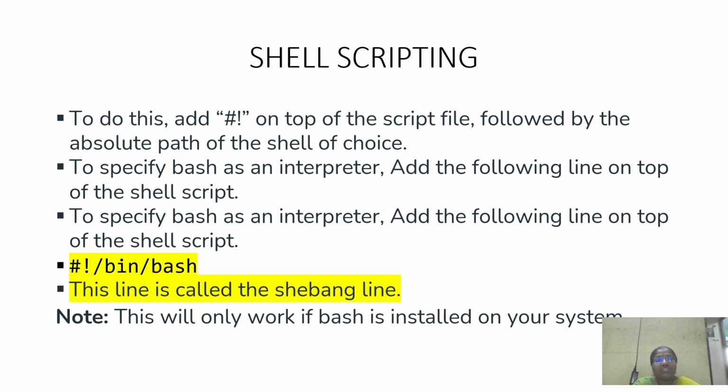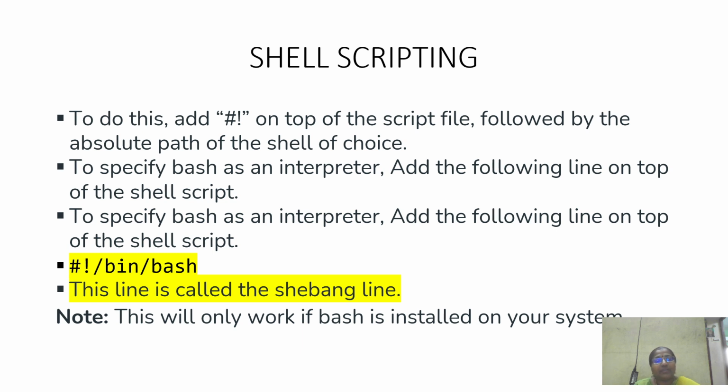If you are using the sh shell, then you have to use /bin/sh. If you are using the bash shell, you have to use /bin/bash. If you are using the ksh Korn shell, then /bin/ksh. The default shell provided in any distribution will be the sh shell, the very first shell provided by Linux.